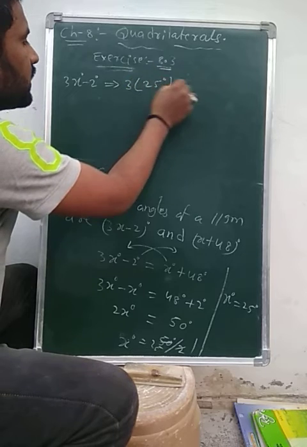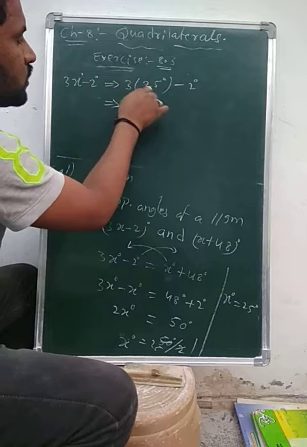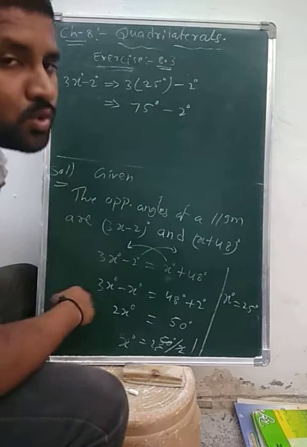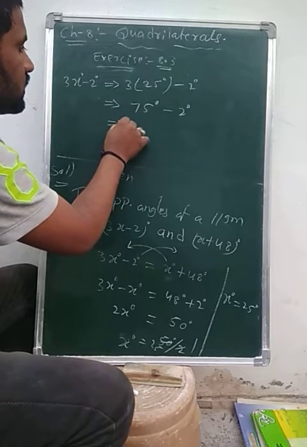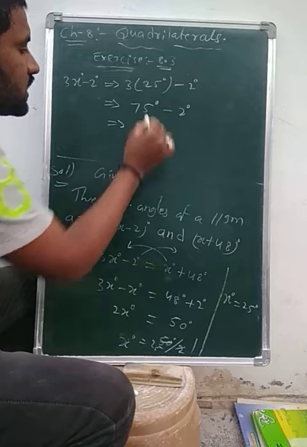Minus 2 degrees. Now 3 into 25 is 75 degrees, minus 2 degrees. 75 degrees minus 2 degrees is 73 degrees.